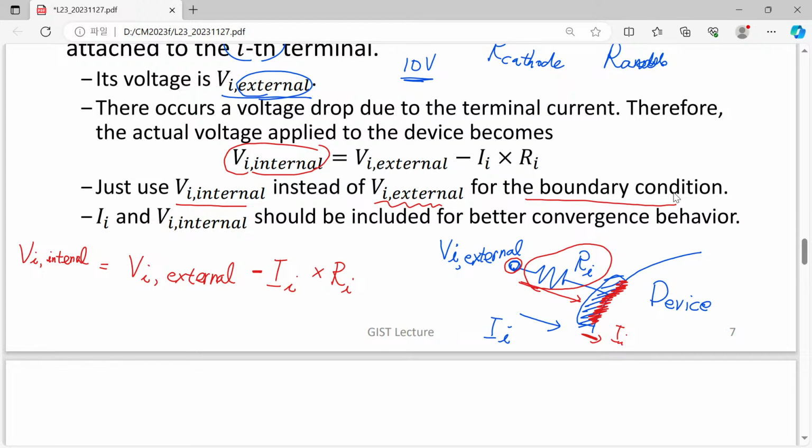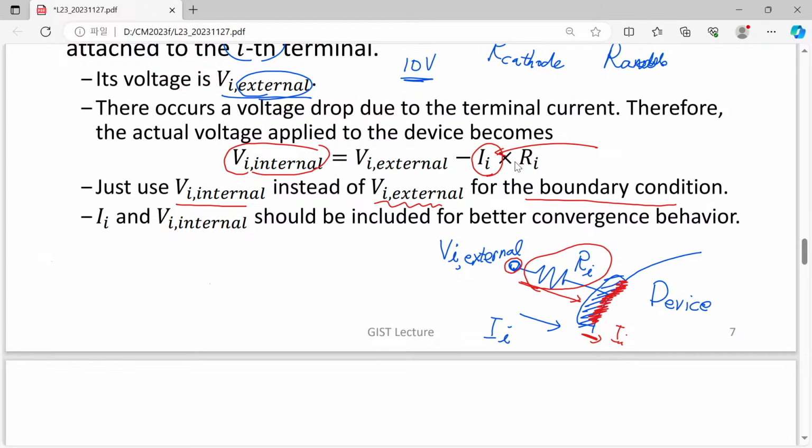One note for this implementation is that if we introduce it in this way, by changing the solution at each Newton iteration, the ith terminal's current can change really rapidly.